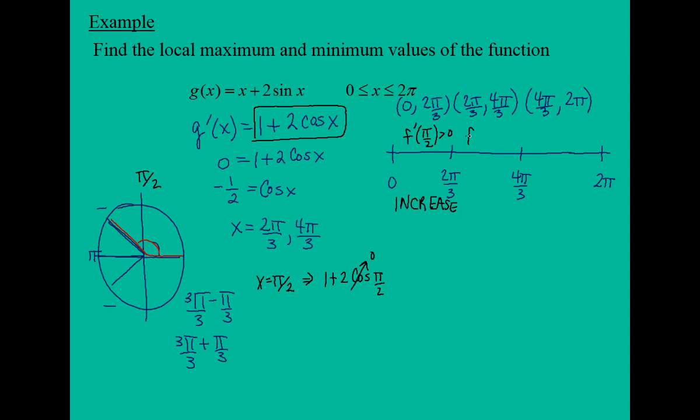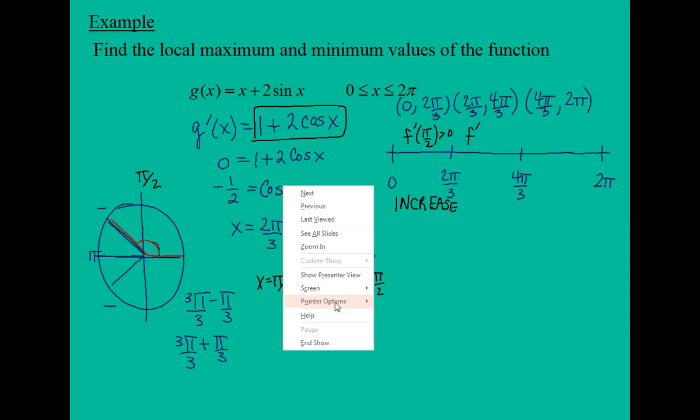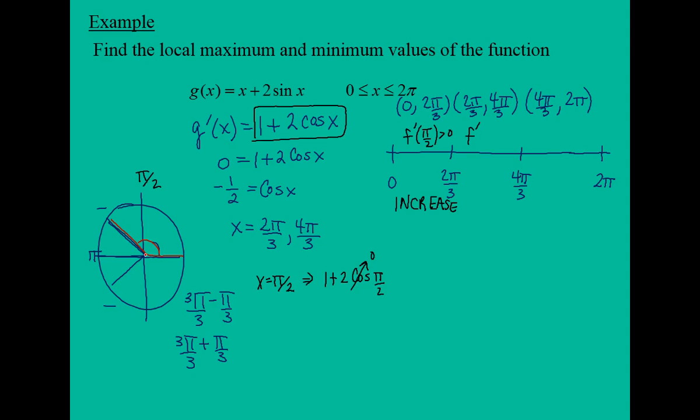The next interval, let's look back at our unit circle. Now here's the angle we're working with. From here all the way over to here, that's our 4 pi by 3. So we're going to be between 2 pi by 3 here and 4 pi by 3 here. And I'm going to use pi. That seems most convenient.